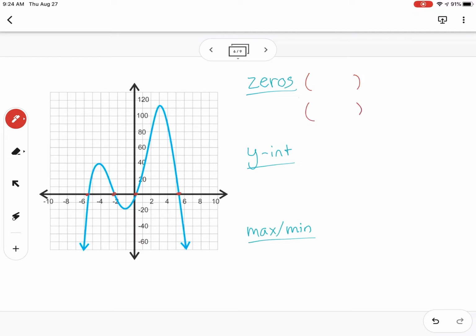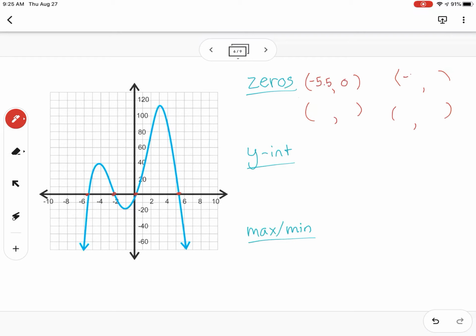We're just going to list all 4 of those. We're going to estimate these decimals. They don't have to be exact. Just try to get them as close as you can. For example, the first one would be about negative 5.5.